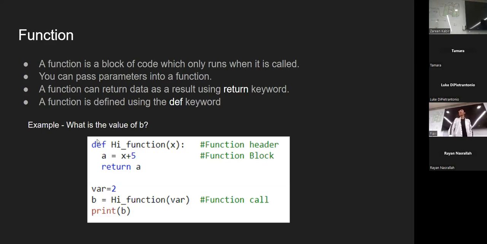It's good practice to have different names for the parameter and the argument. In this case, I named the parameter x and the argument var. If you want to name the x as a var, you can go ahead and do that, but it's good practice to have a different name between those values. I hope that answers your question.